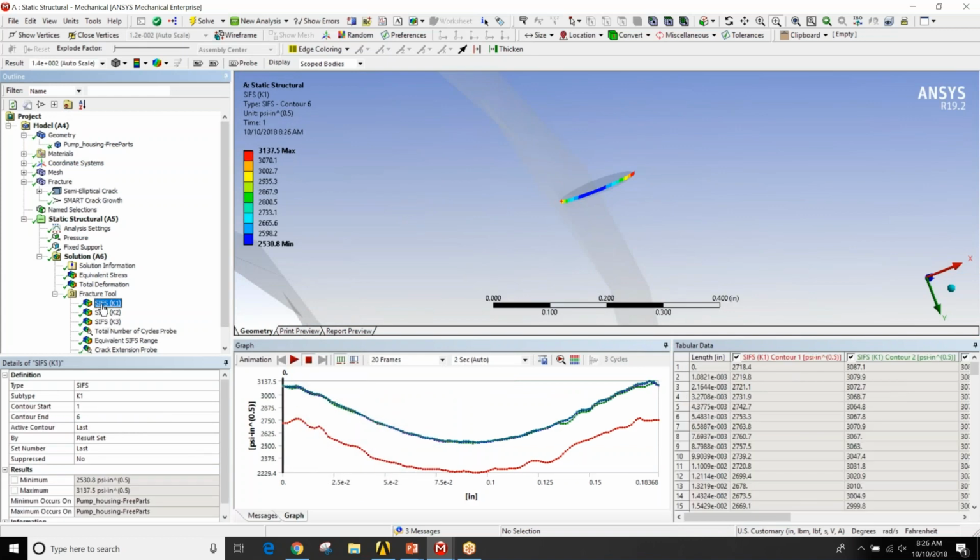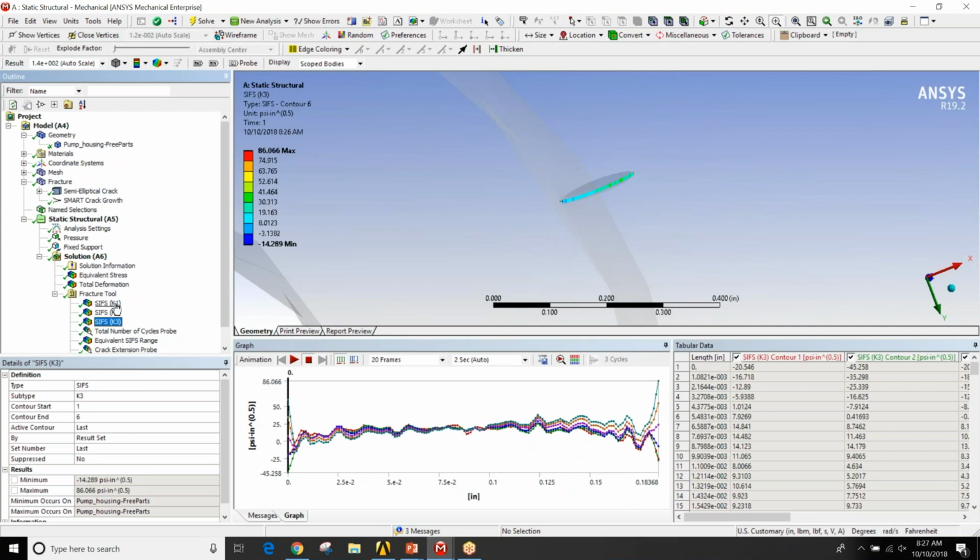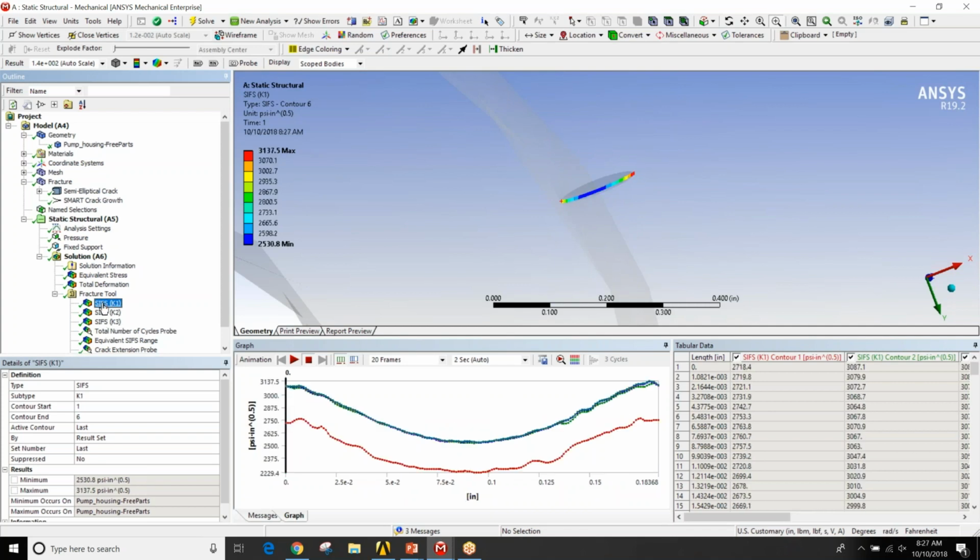Under the fracture tool, if you click on stress intensity factors, you can get K1, K2, and K3. As part of the stress analysis in post-processing, ANSYS will give you these values. It will plot them out, and you can see the values here.